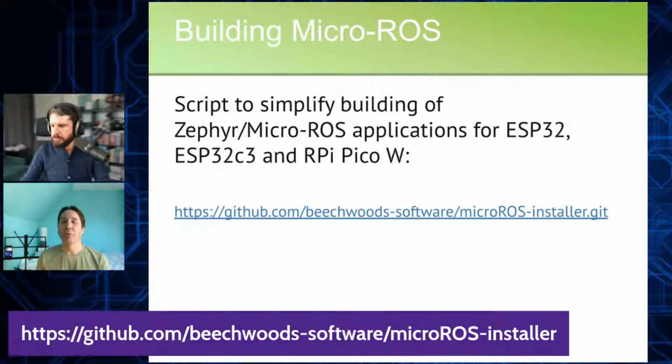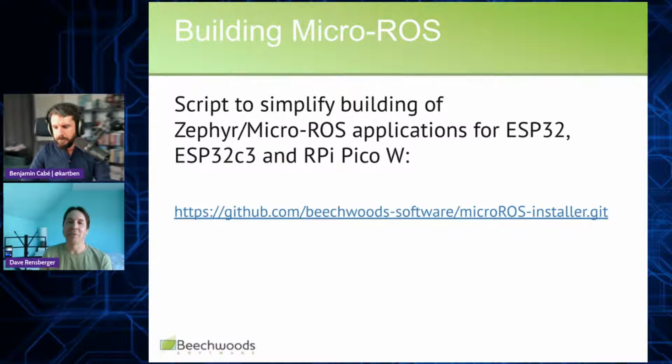We may also provide, can't promise, a Docker container to do the build, because we found that the build right now just is not as well insulated from your environment as things like a West build of Zephyr is, or a Yocto build if anybody is used to using that in the embedded Linux world. It seems to be sensitive to a lot of environmental things, and we've seen that enough that I think it'd be valuable to have a containerized version of the build, but we're not quite there yet.